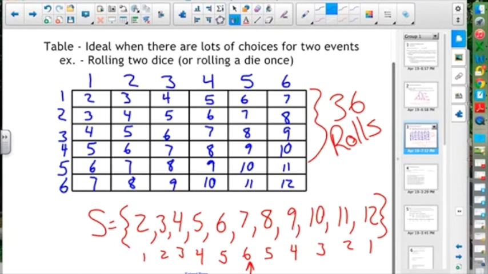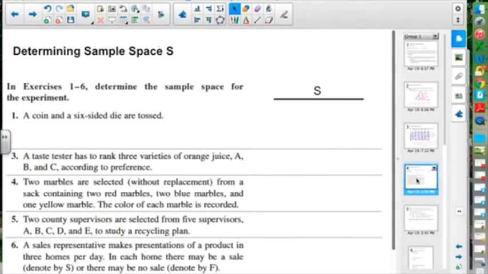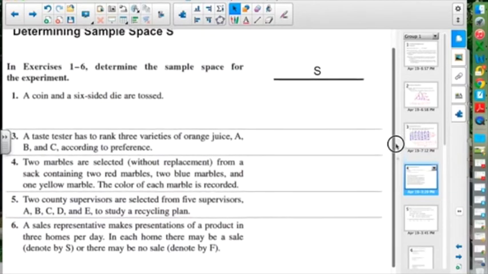So, Monopoly, if you roll doubles, you get to go again. That's going to happen 1/6 of the time, theoretically. 6 out of 36 of the rolls are doubles. That's how you get out of jail, that's how you get to roll again. Monopoly uses it too. Now, let's just talk through a couple of these. We won't get through all of them, but let's talk through a couple of these.